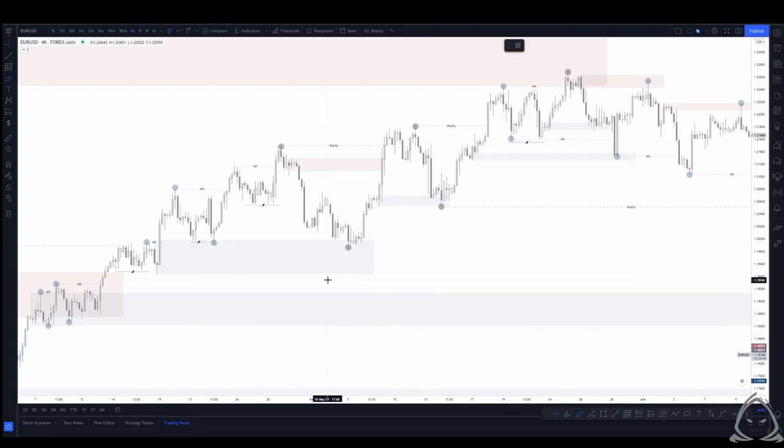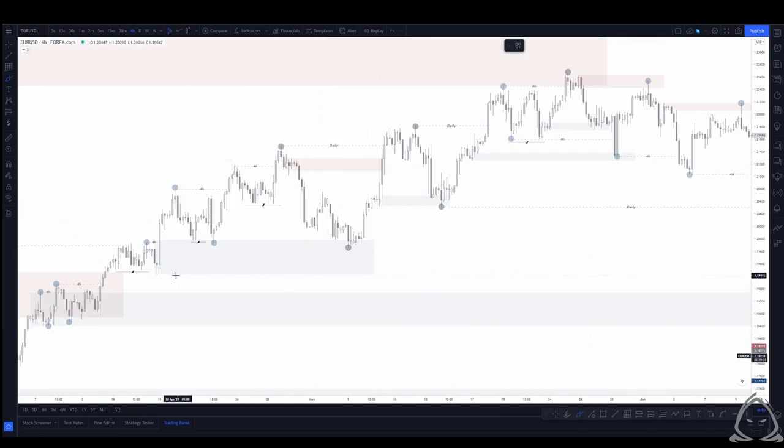Now, one thing to note about liquidity, though, is don't trade anticipating a particular sweep of liquidity or anticipate a potential fill of a void, things like that. Liquidity is just an understanding of where price is likely to go based on the logical order flow and understanding the inner workings of what's happening in any sort of financial market.